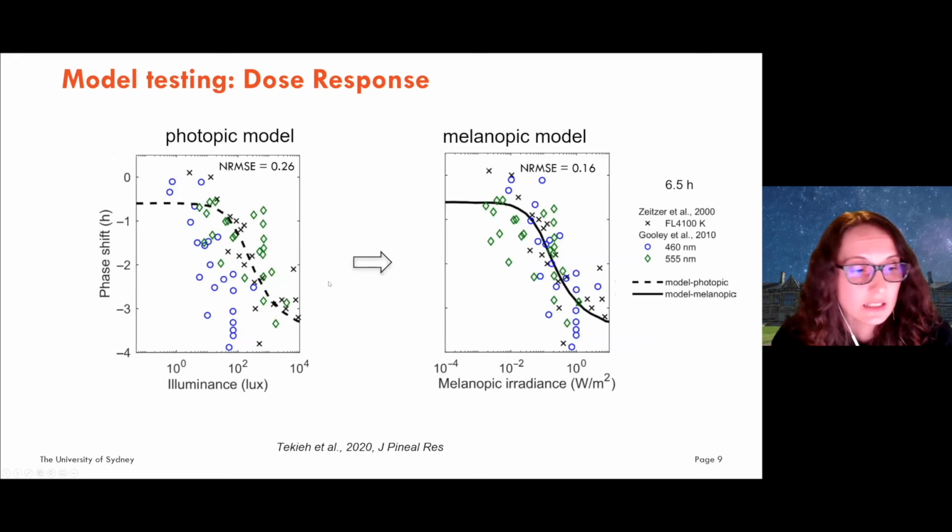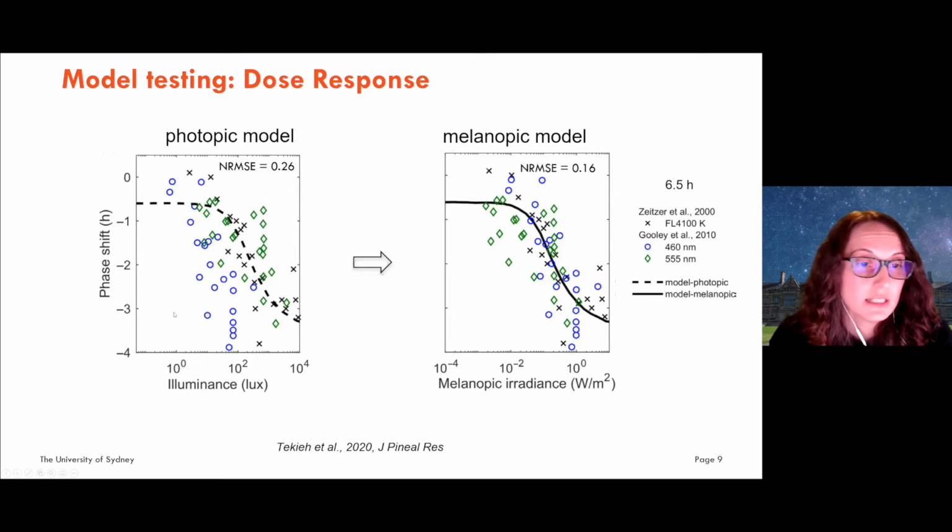The second type of experiments that we need to test the model against is the dose response, meaning that a higher intensity of light generally results in a larger phase shift of the circadian oscillator. Here on the left, you can see results for the original photopic model, and experimental data for dose response to light for different light sources: fluorescent light, then monochromatic blue and monochromatic green.